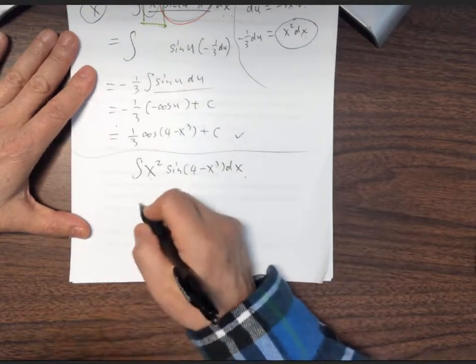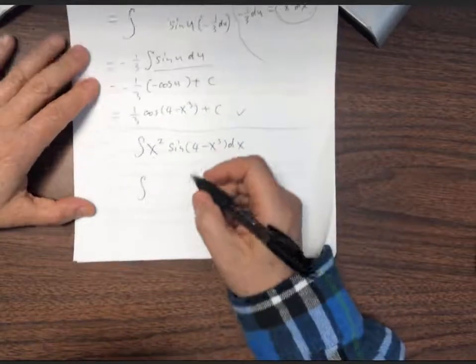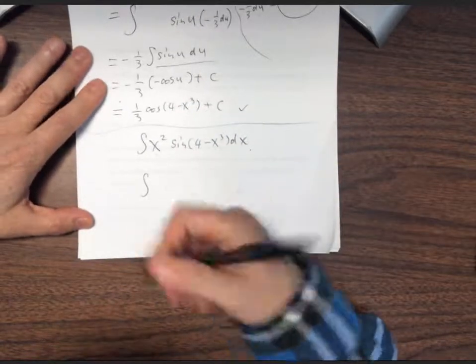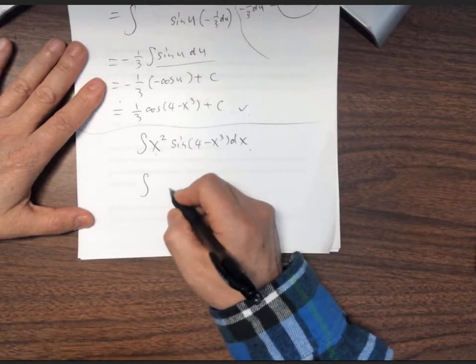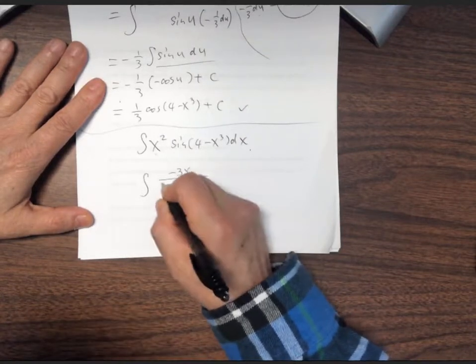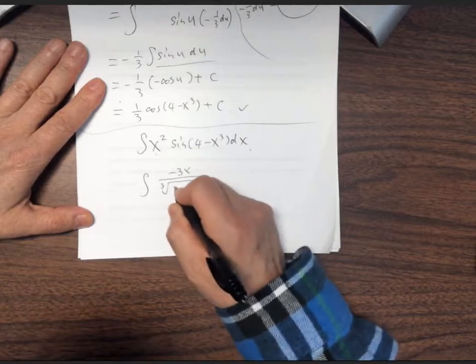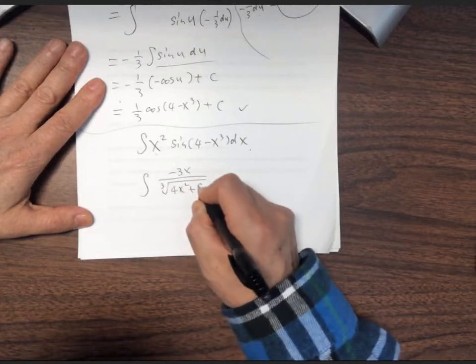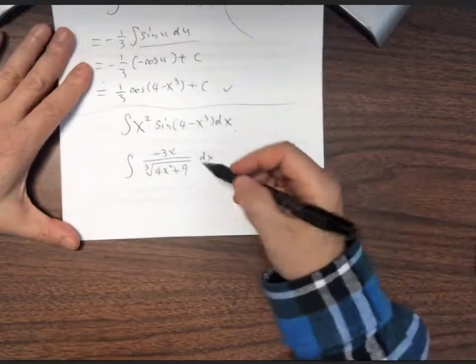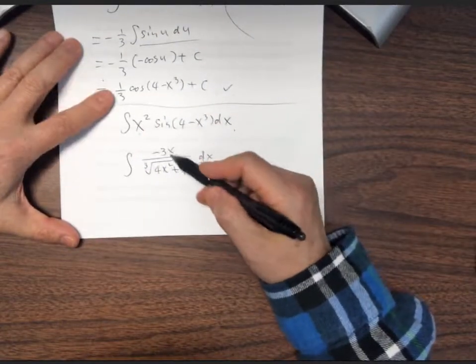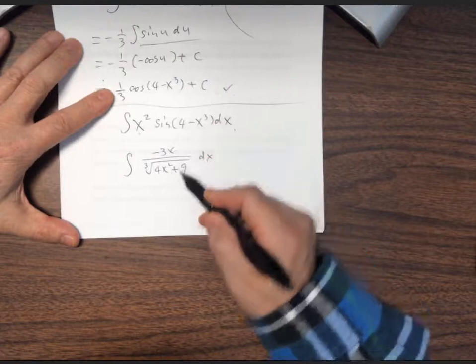Alright, let's see another integrand so you understand this supporting factor idea better. Negative 3x times the cube root of 4x squared plus 9 dx. So this is a very typical structure, two parts.